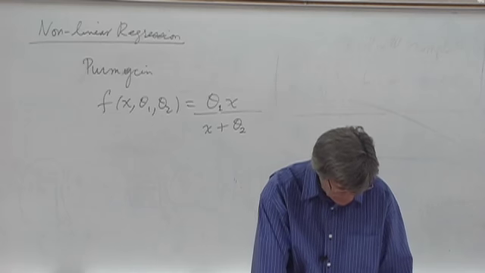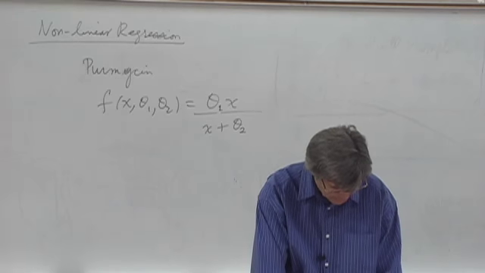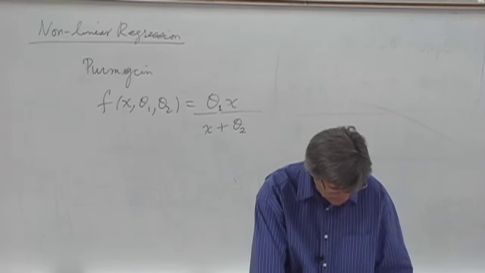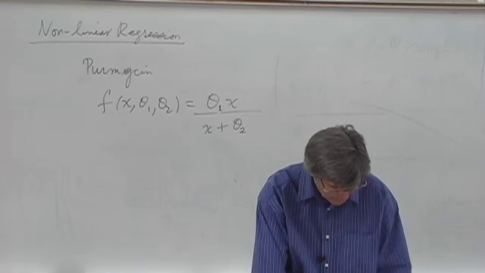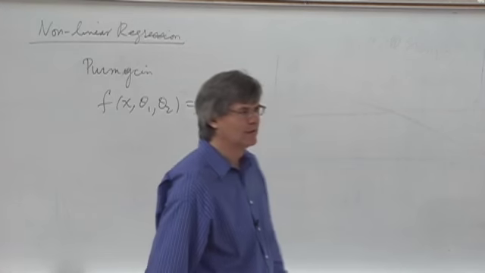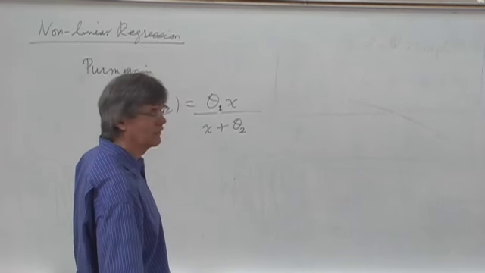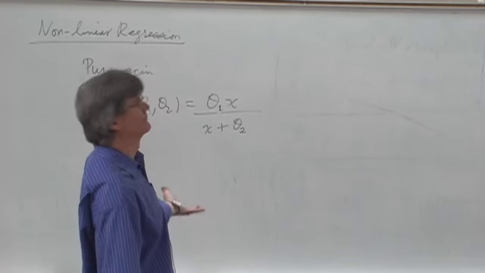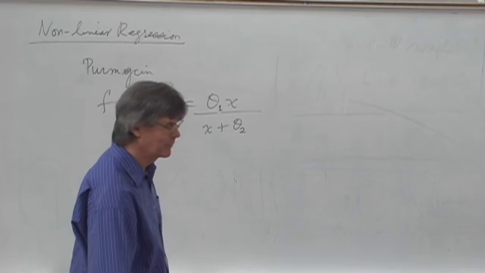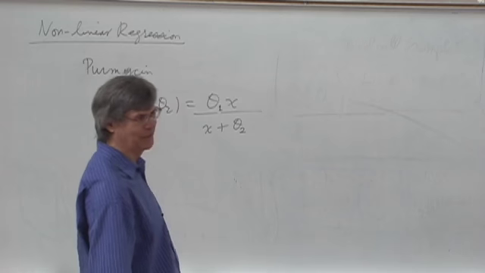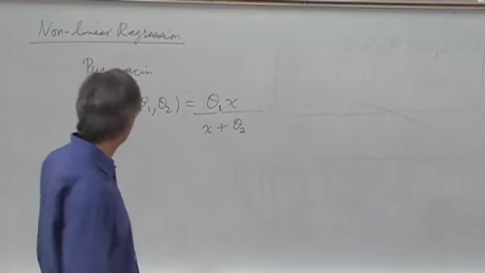So an enzyme was helping some biochemical process to happen, and they're looking at the velocity of that reaction as a function of the concentration of the substrate. Bring me a biochemist to tell me what that means. But we can deal with it. So there was some nonlinear model.